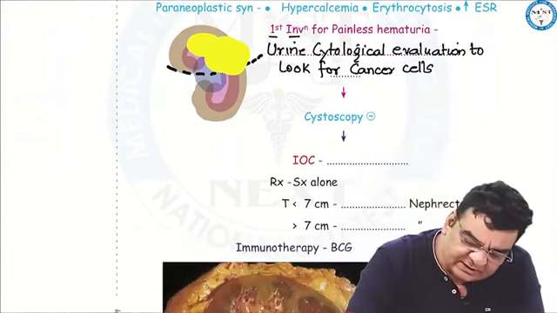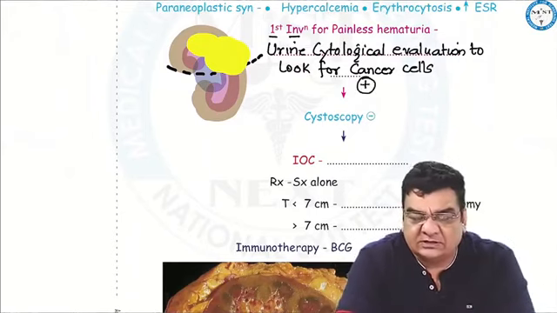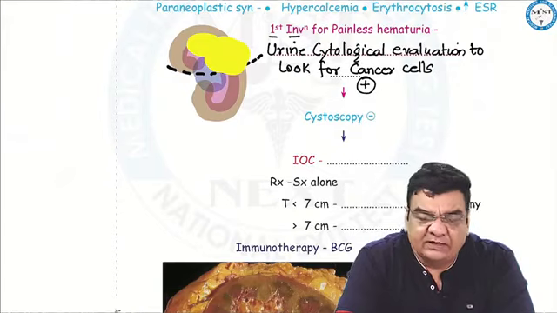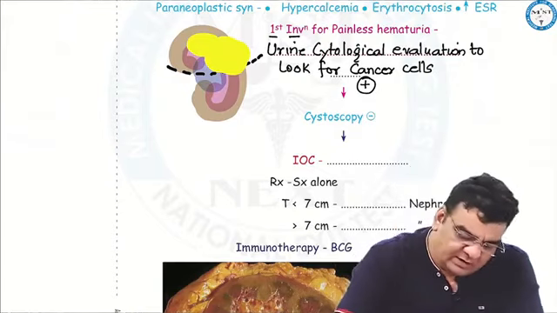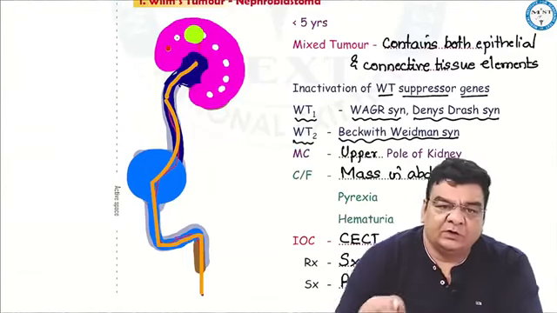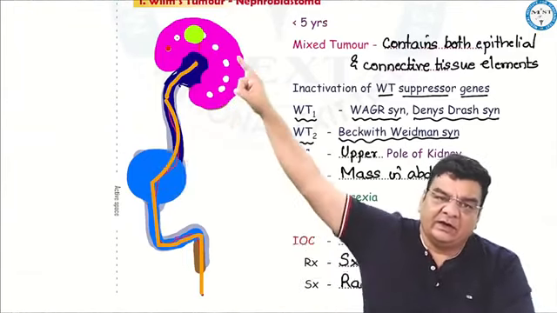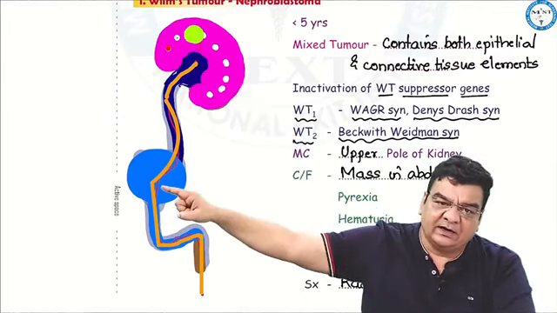If urine examination is positive for cancer cells, that means there is malignancy in the urinary tract. If we take a look, which do you think will be more common? Bladder cancer or kidney cancer? Bladder cancer.